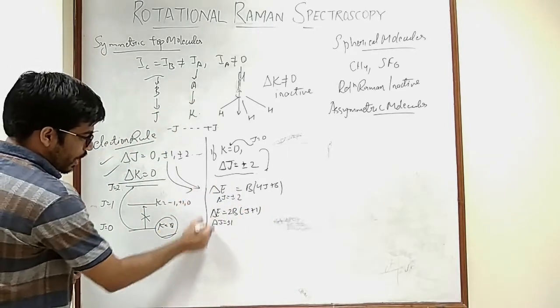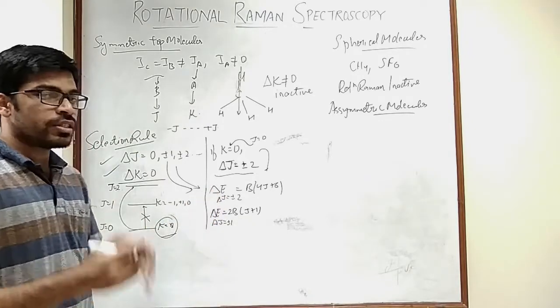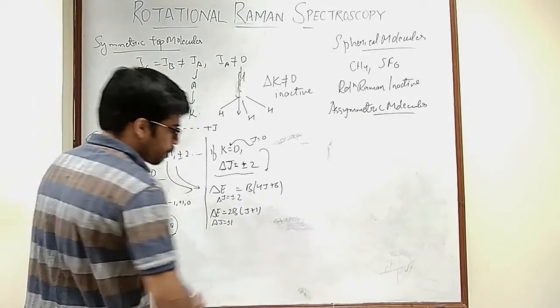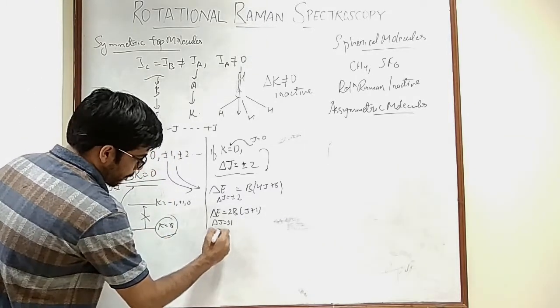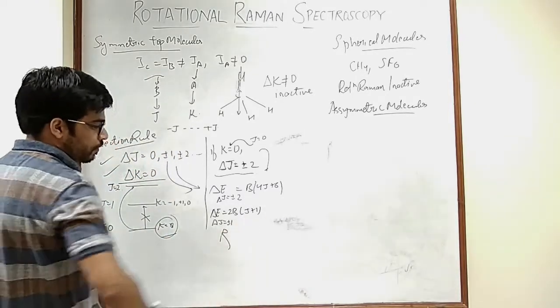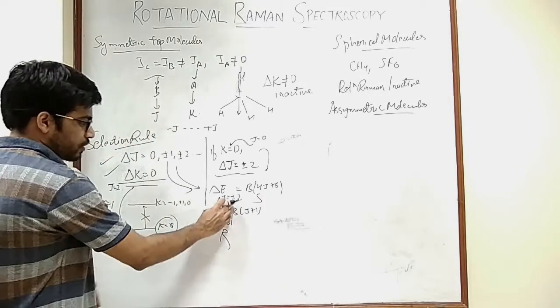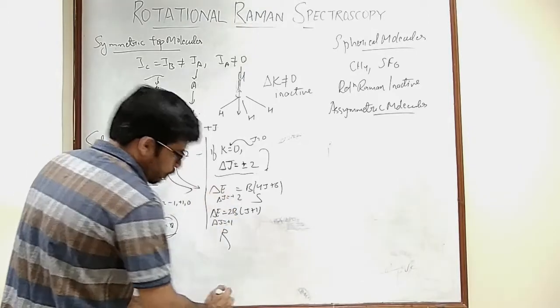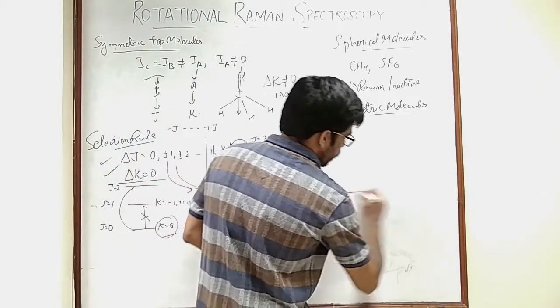So that means you have two different transitions occurring in this case. Okay, so this is let's say the R line and this is your S line. I'm considering the plus case. So you have R and S lines, and your spectra would look something like this.